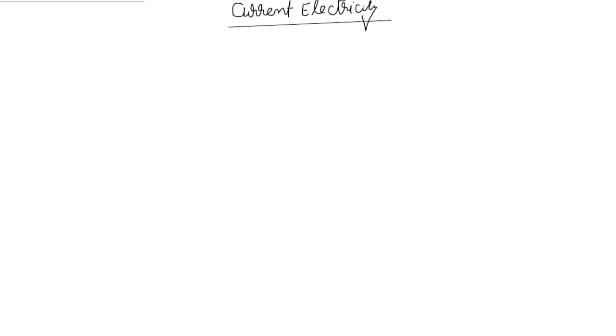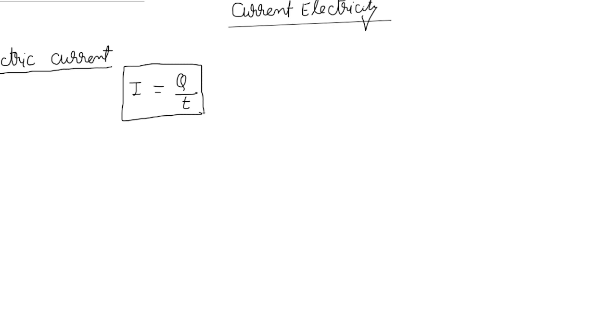Electric current is the rate of flow of charge through any cross section of a conductor. That is, I is equal to Q by T. The rate of flow of charge through any cross section of a conductor is called electric current.